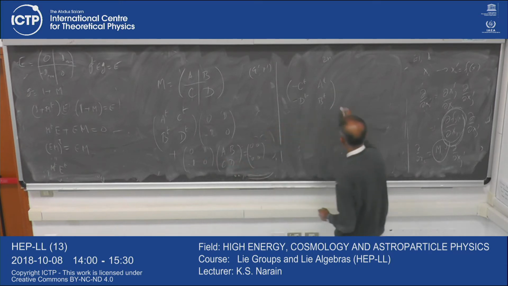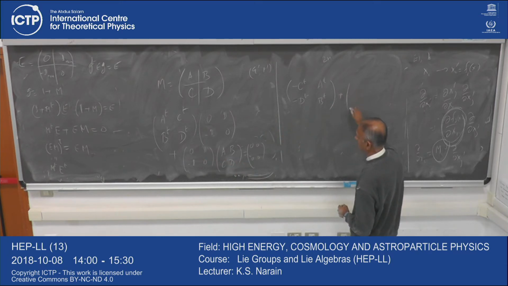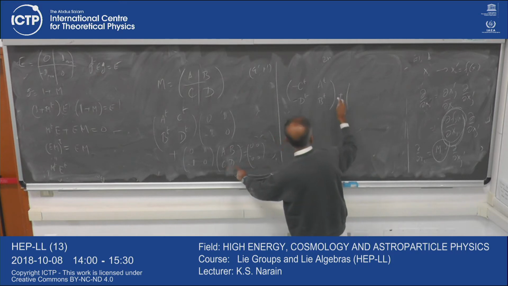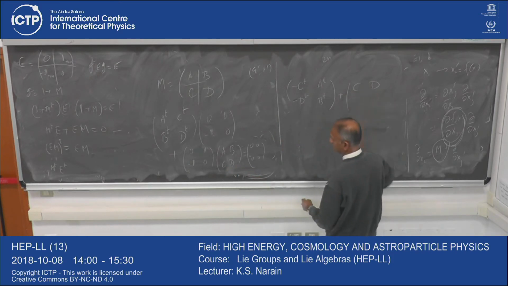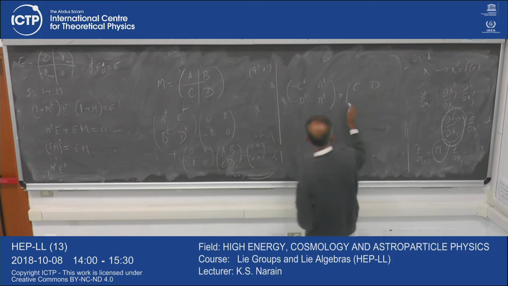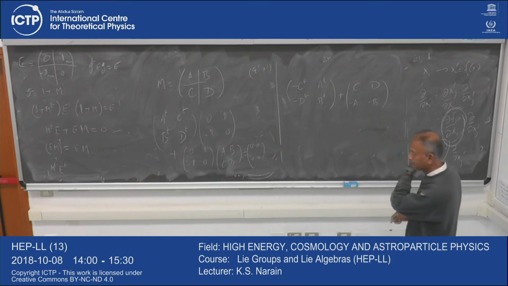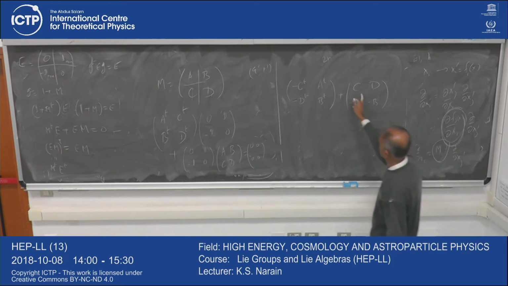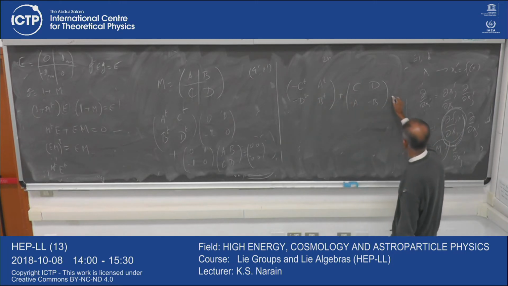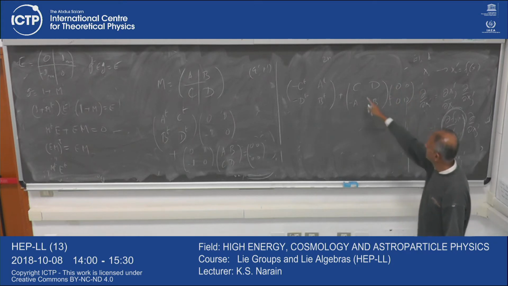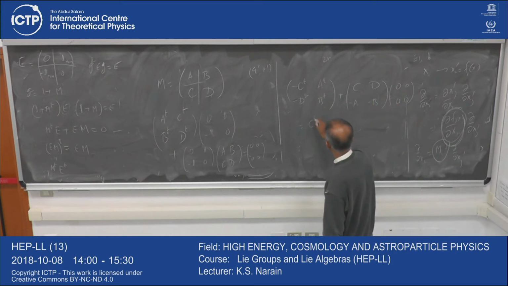And this term gives me plus 0, 1, so C and D, and minus A and minus B. Okay. And this is supposed to be equal to 0, 0, 0, 0. That's the equation. So it immediately tells me that C transpose equals C.